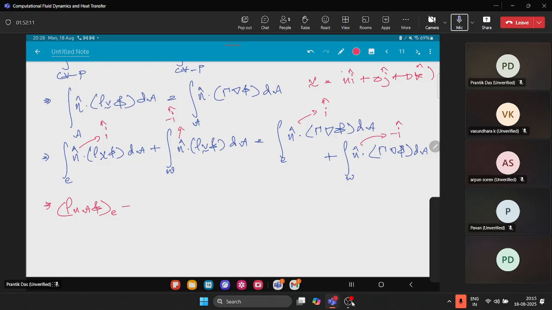Now if I make a dot product between i cap and i cap, that becomes 1. So this will be rho U A phi e minus rho U A phi w equal to gamma A d phi dx at e minus gamma A d phi dx at w.